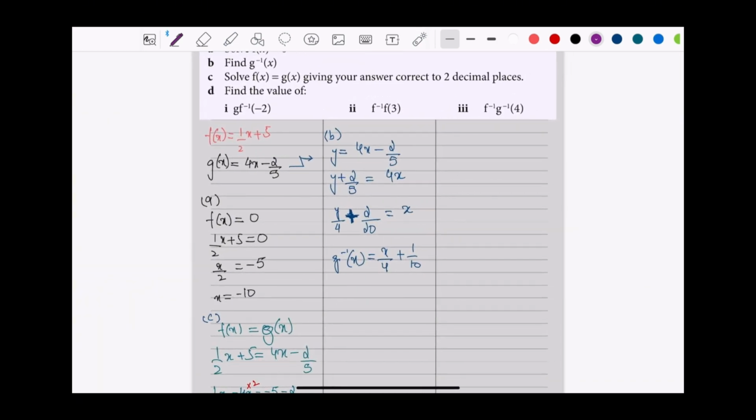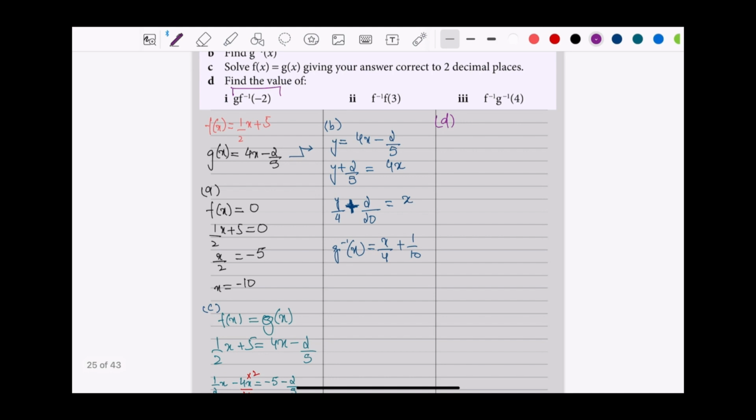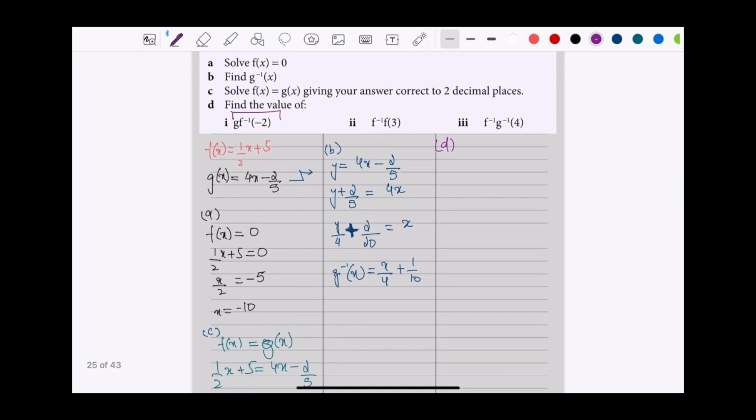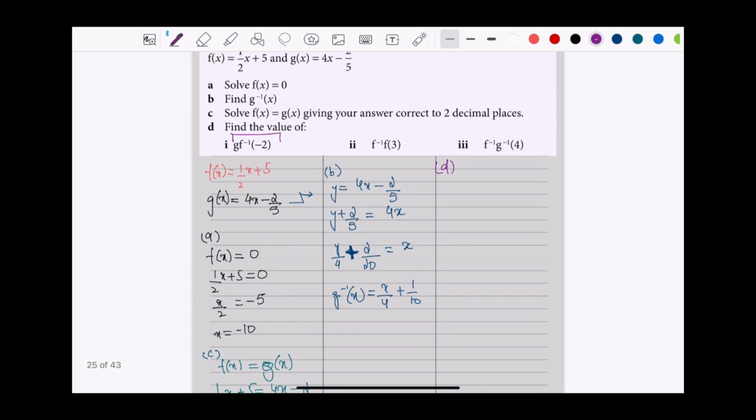Now find the value of g f inverse of negative 2. Which means the value of f inverse is plugged in g. So first step for part D, the easy way to approach this is find f inverse of negative 2. And since you haven't yet found it, f of x is going to be 1 over 2x plus 5.